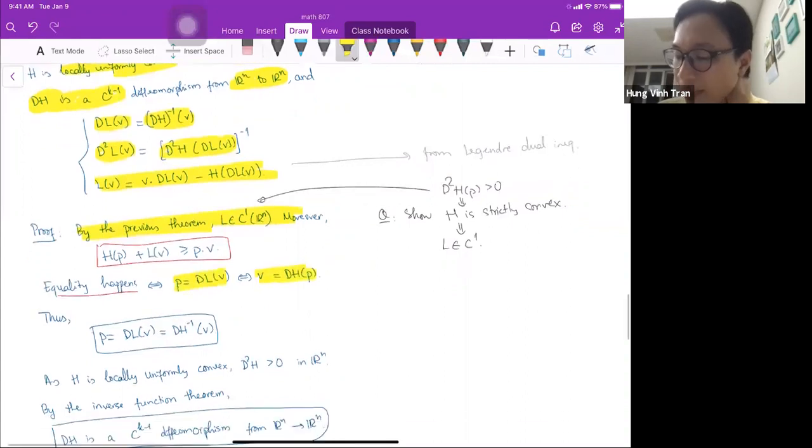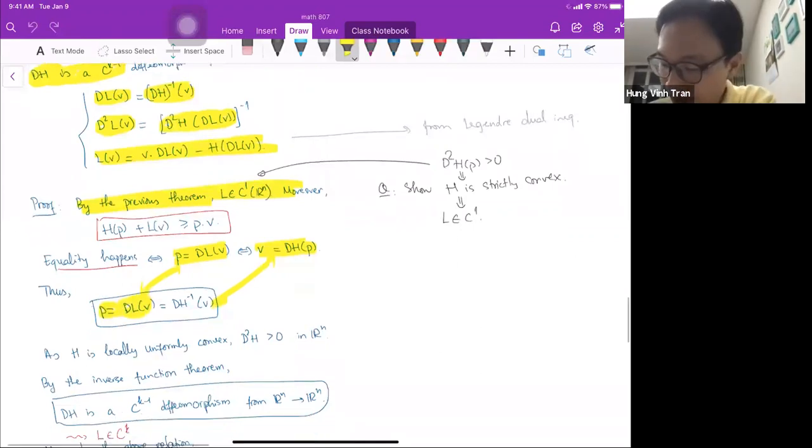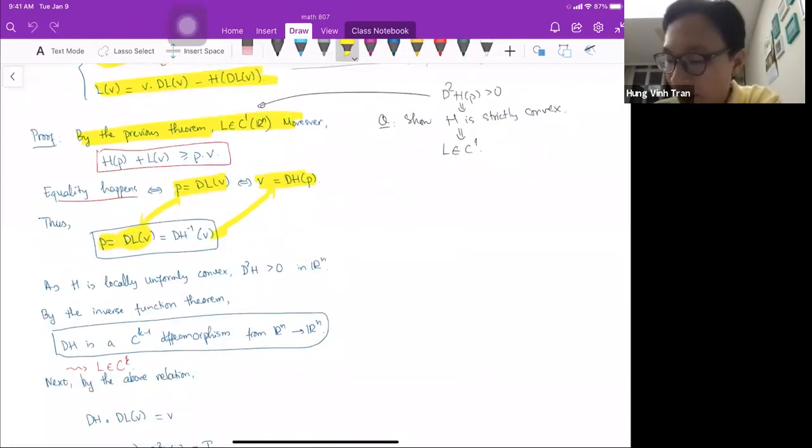And clearly from here you can see the reverse, because you have P equals dL of V from this, and from the other one, because V equals dH of P, you can see that P is dH inverse of V. That gives us the first relation: dL is the inverse of dH. And because H is locally uniformly convex, d squared of H is greater than 0.